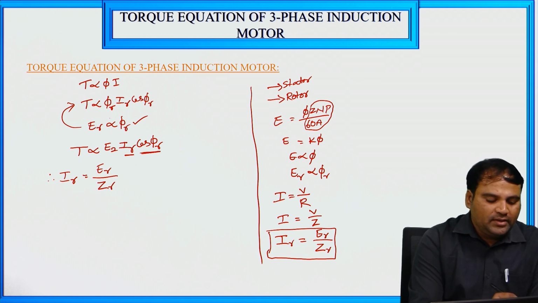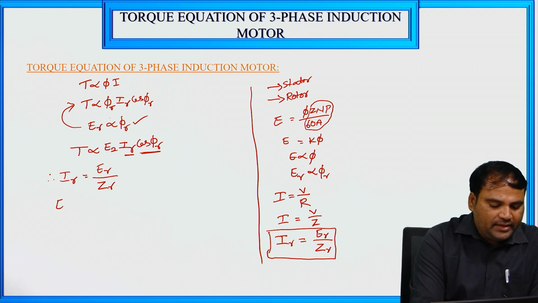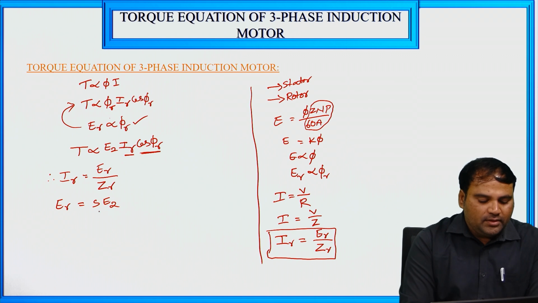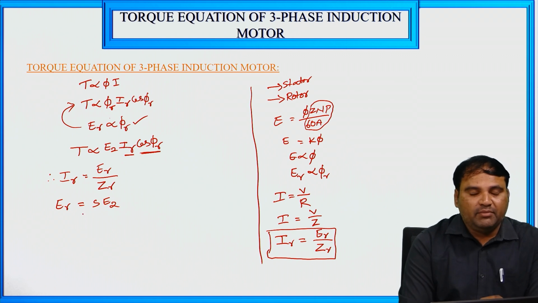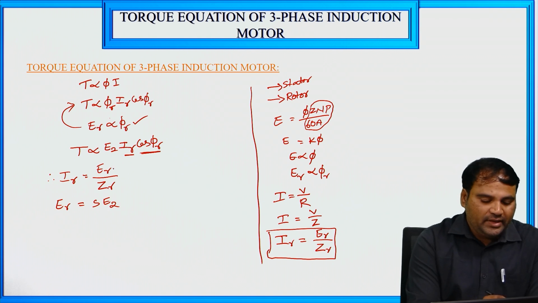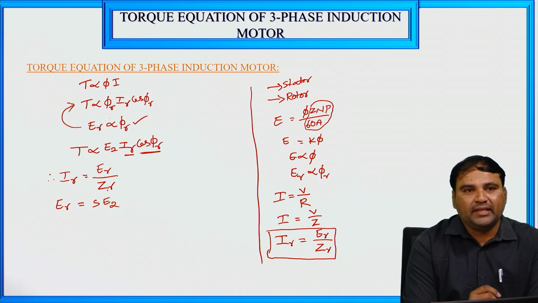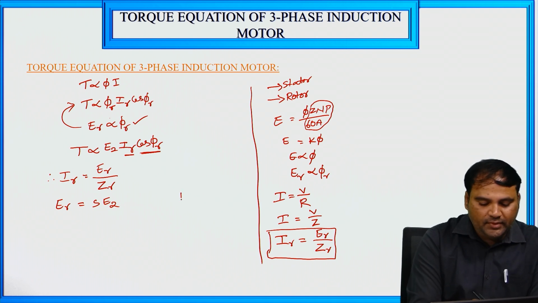The rotor EMF depends on the slip, that is S into E2. S into E2 is the rotor EMF produced by the rotor, that is ER is equal to S into E2. Now how do we get the ZR value? That is from the Pythagoras theorem.